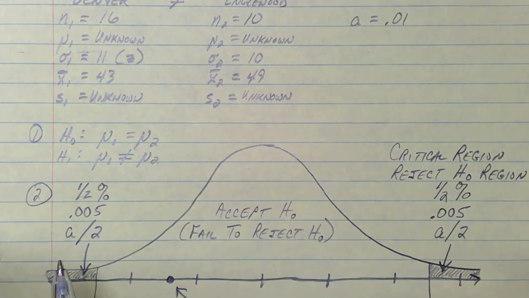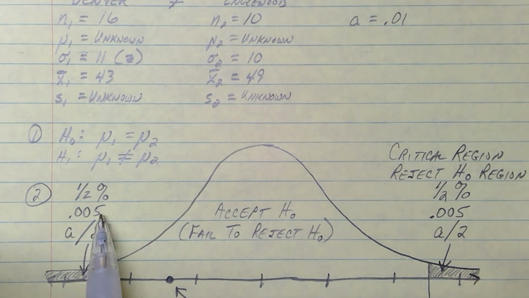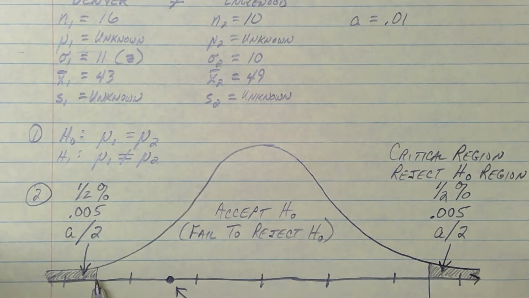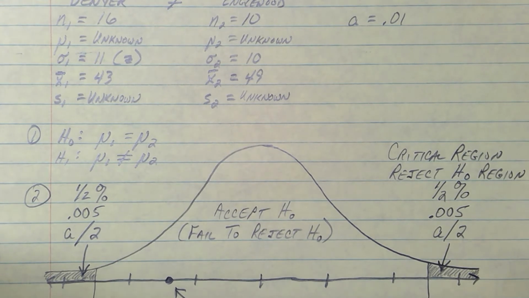On your calculators, you put in this area and it will tell you the z number that gave you that area. So you're going to do inverse normal, put in 0.005, and it will calculate what that z number needs to be.